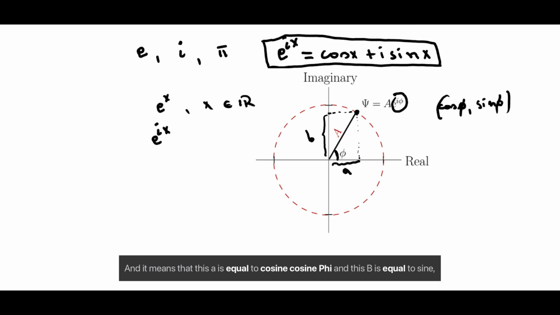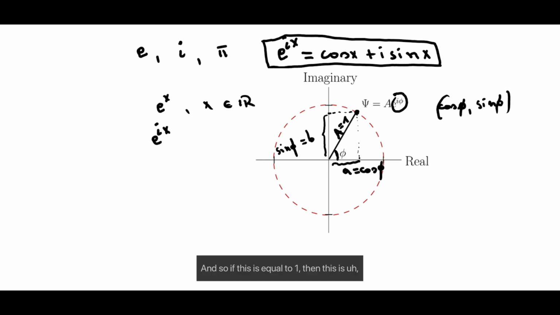It means that this A is equal to cos φ, and this B is equal to sin φ. And on the unit trigonometric circle, this radius A is always equal to 1.